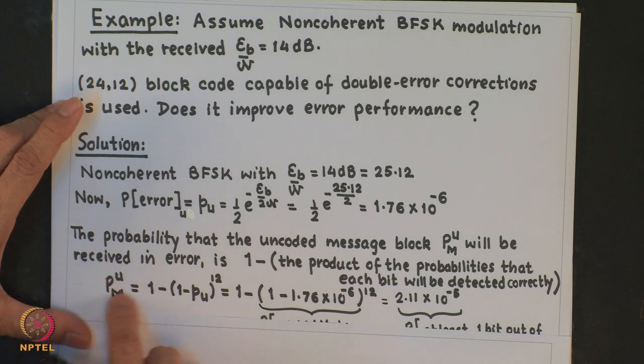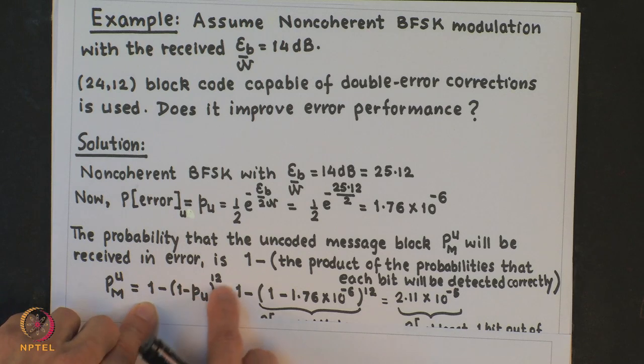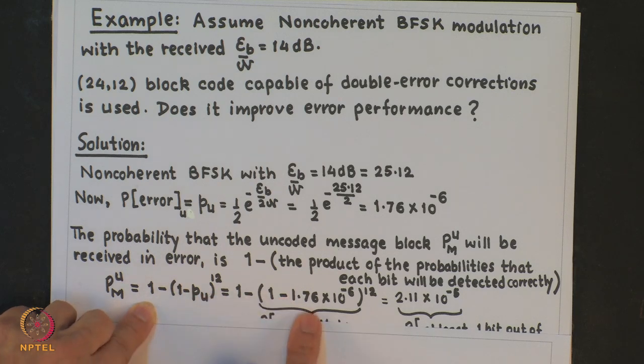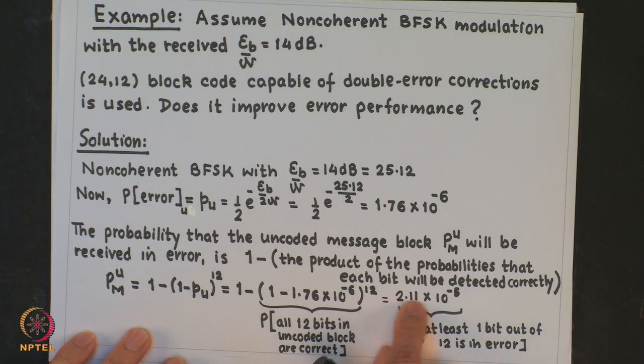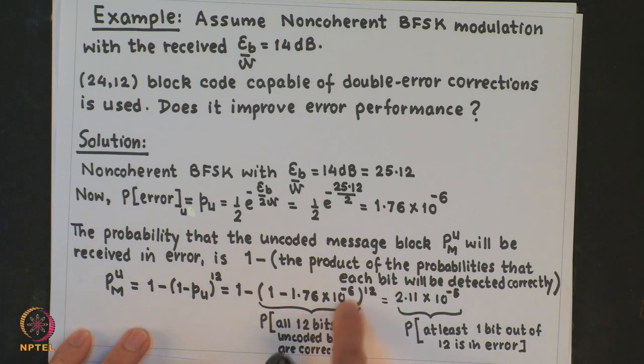So, this is the probability of correct detection of all the bits. So, 1 minus that, and if we just plug in these values, we get 2.11 into 10 raised to minus 5. So, this is the probability that all 12 bits in the uncoded block are correct, and this is the probability that at least one bit out of 12 is in error.